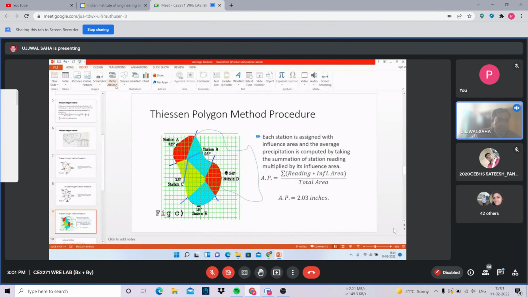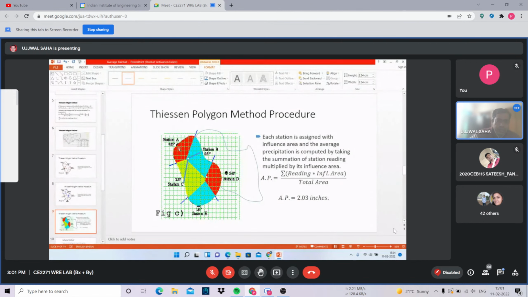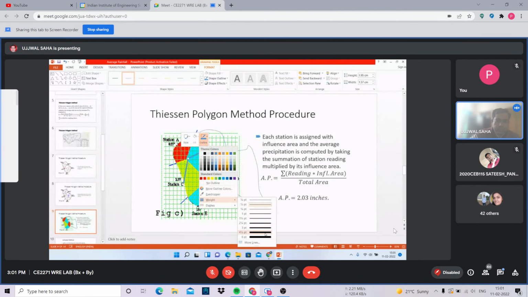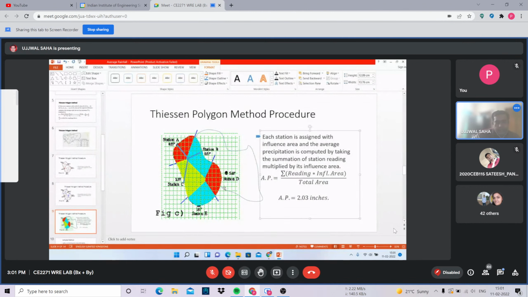And if I draw a line from here to station A, which one is the shortest? The distance to station B. That is why this point has been assigned as the influencing area of station B. Okay. So is the philosophy behind the formation of the Thiessen polygon clear? Yes, sir. Okay.